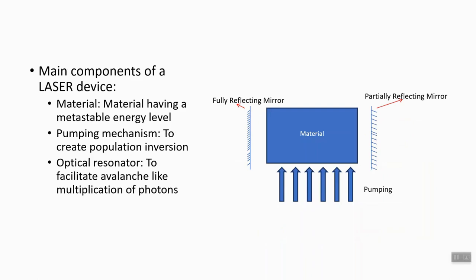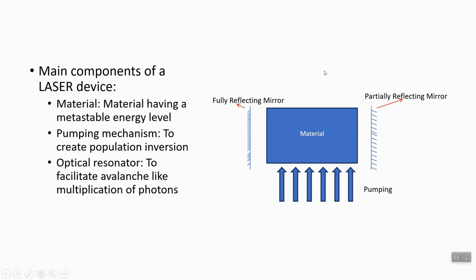Now let us see the main components of a laser device. It includes an active material, which is the material having a metastable energy level and capable of producing laser output. Then we have a pumping mechanism to create a particular condition known as population inversion.